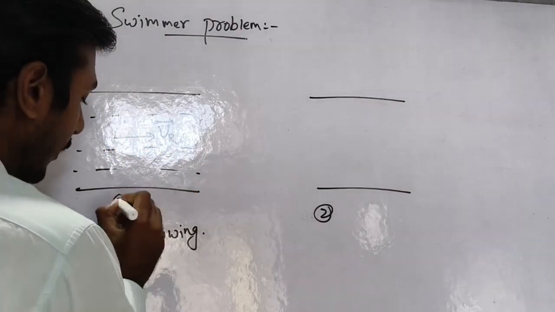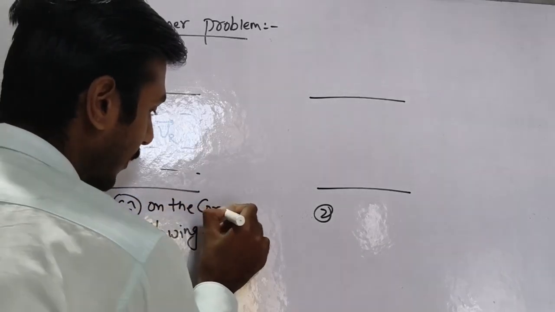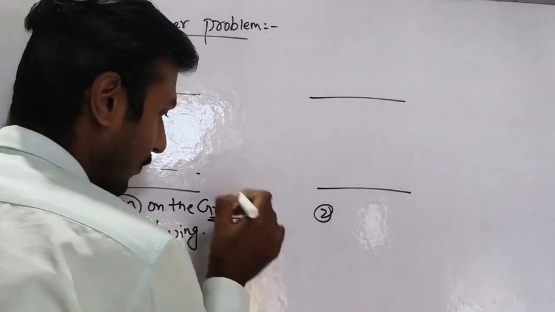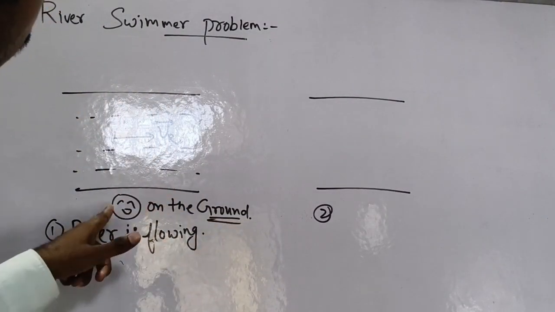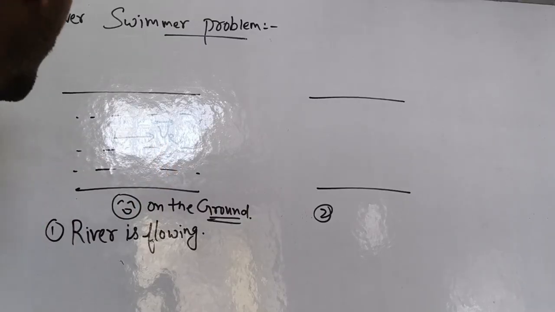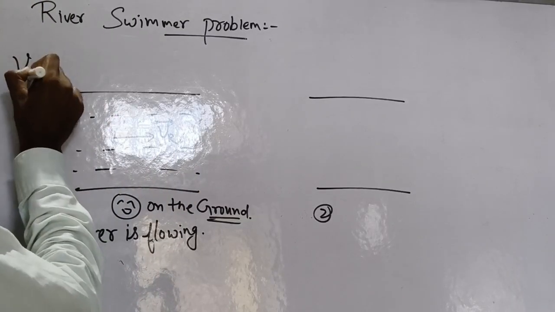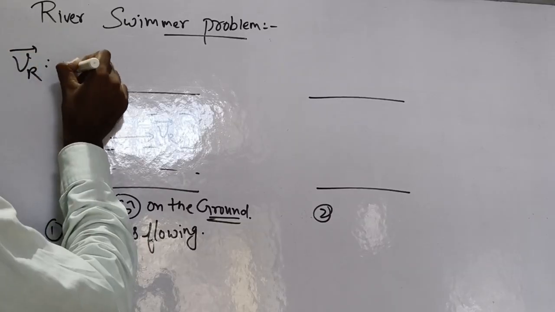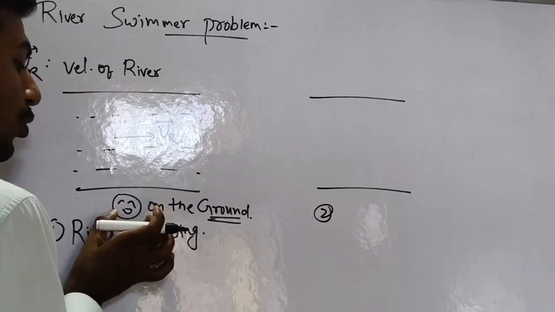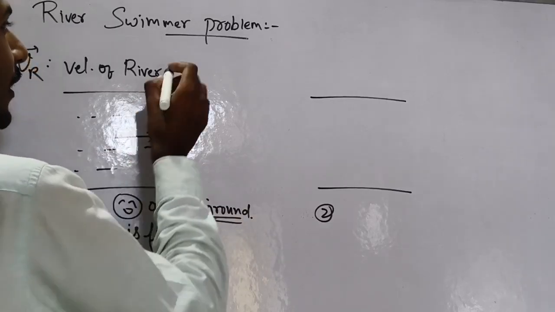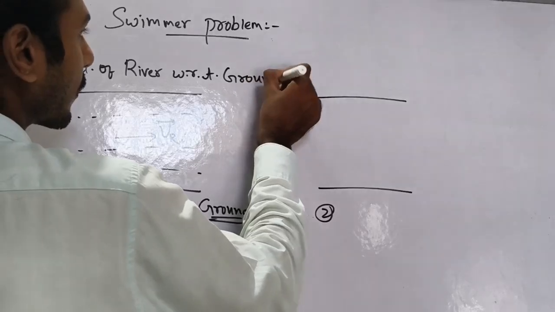Now, you are the observer and you are on the ground. Then you would say, sir, Vr is the velocity of the river, but you are the observer on the ground, so with respect to ground.